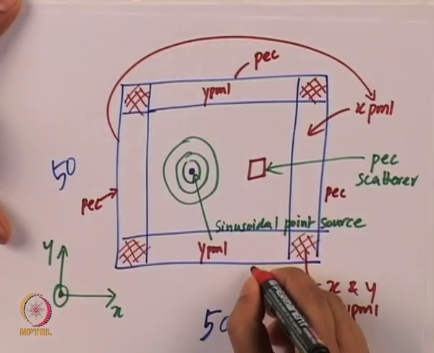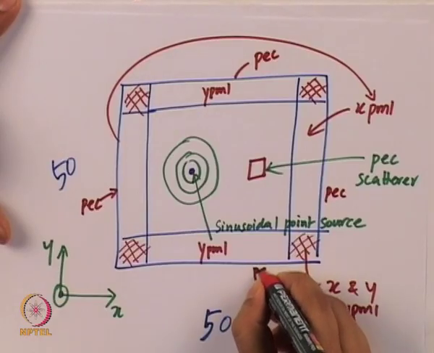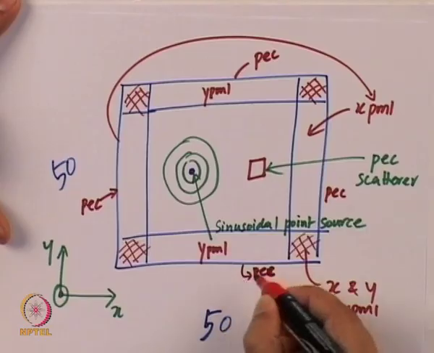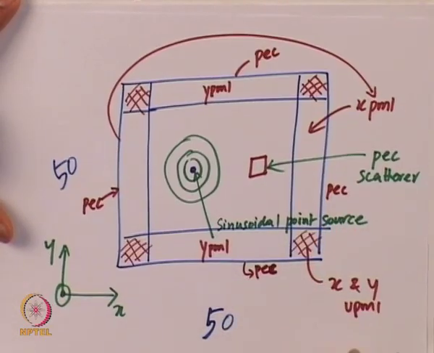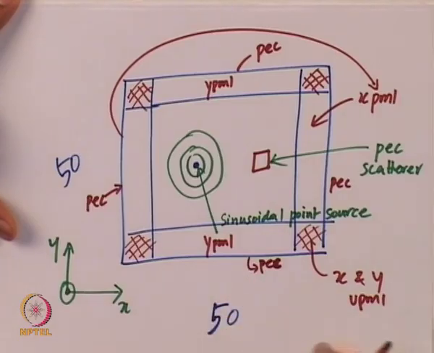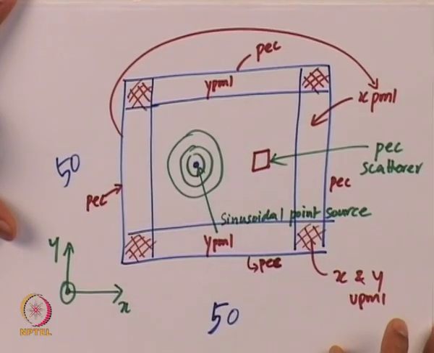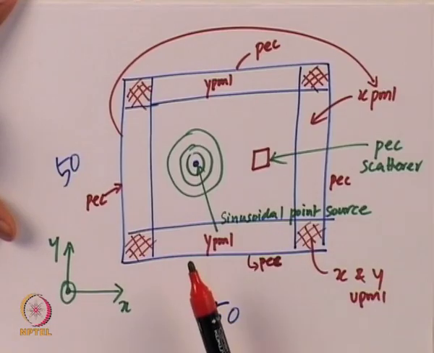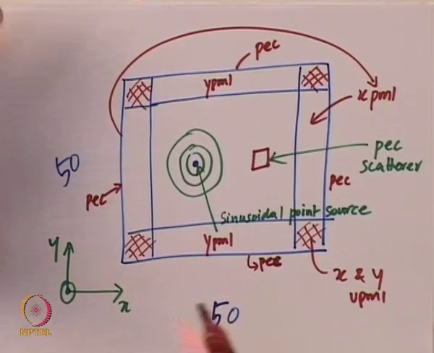It's going to be PEC that is going to sit on all the PML backside. So PEC is here. So the question about PEC is the tangential component of the electric field goes to 0 there. So that's something that we have to look into, and we'll see how we are doing that in the Matlab code. So this is going to be our problem geometry, and let's go and look into the Matlab code itself.